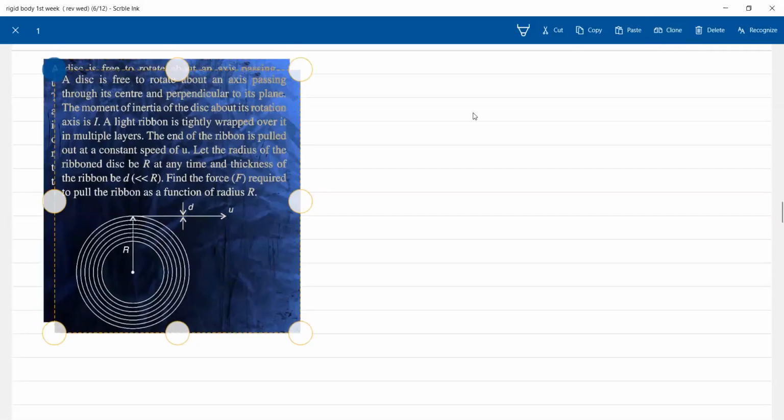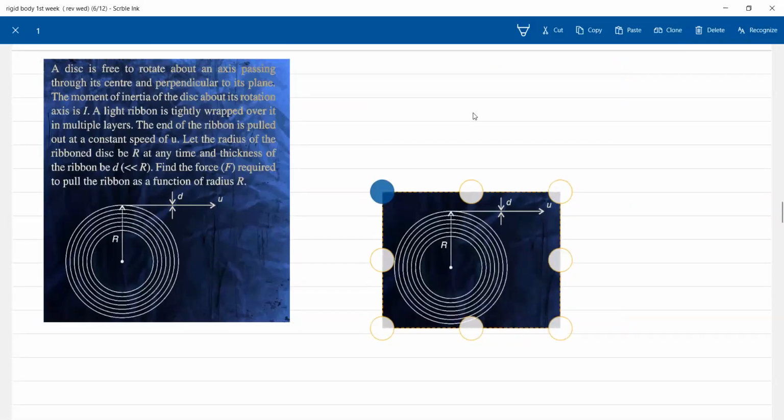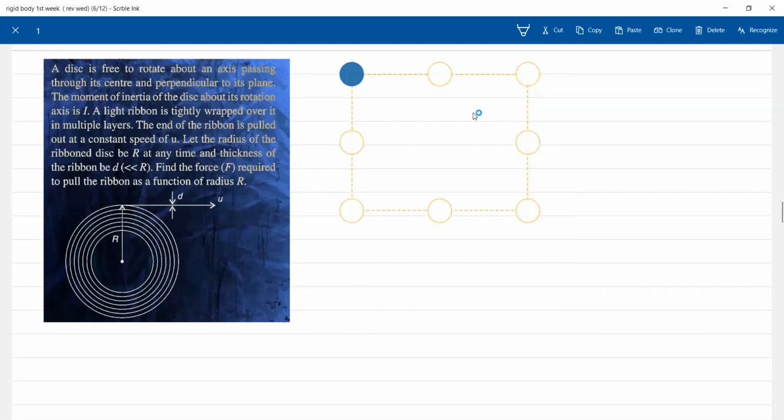Read the question. I'll set the diagram. I'll get back the screen. Wait here.